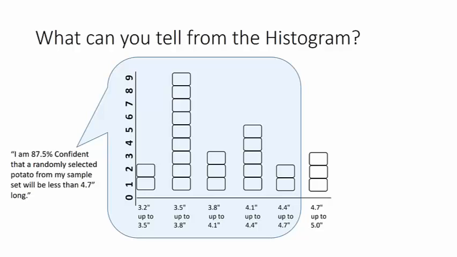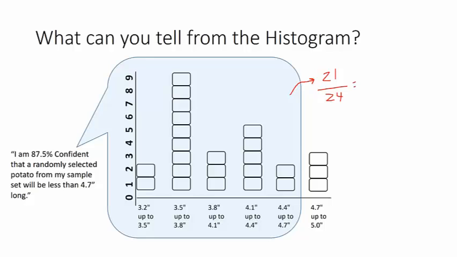There are 21 potatoes in the blue box, or 21 potatoes that are less than 4.7 inches long, and 24 potatoes total. So I take 21 potatoes, all the ones less than 4.7 inches, divided by the 24 potatoes, the total of all the samples in my sample set.